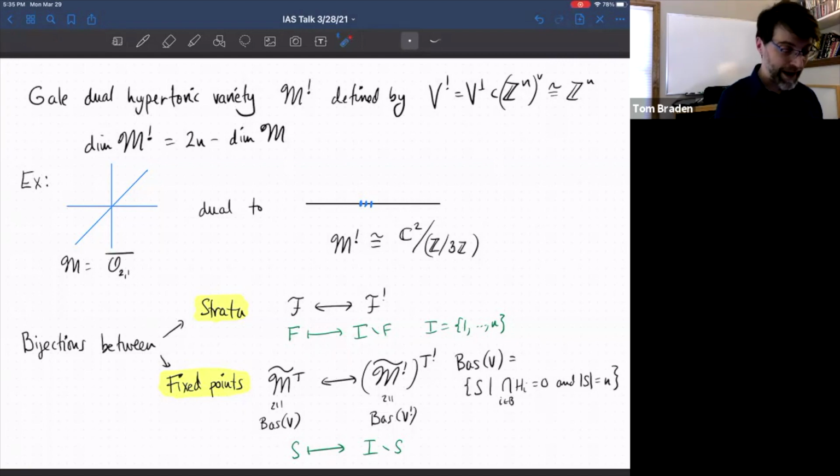So a basis for these three lines in the plane would be any two of the lines. So in this case, there are three bases, and there's a bijection between bases of one and bases of the other, which is actually in some sense the main content of Gale duality, which is given by taking complements.